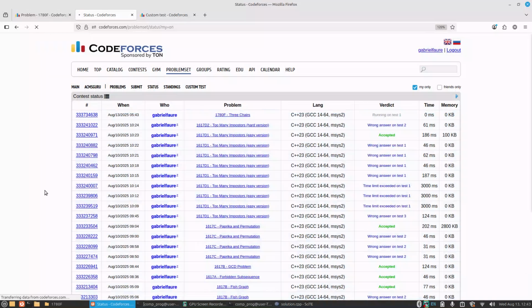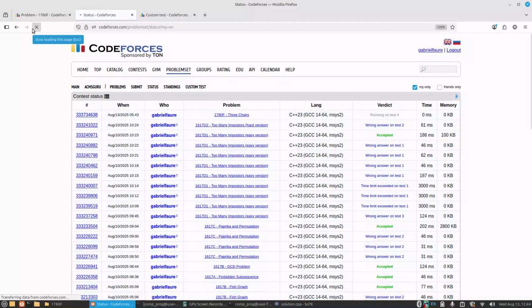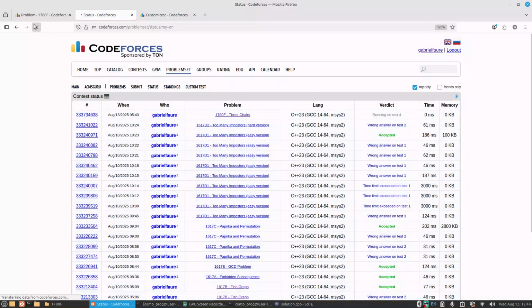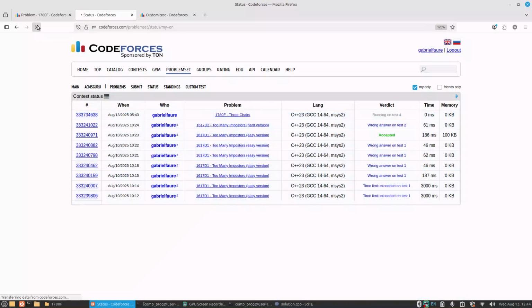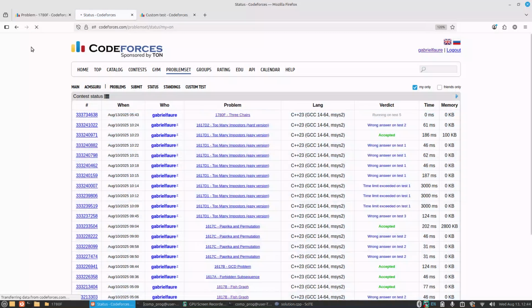Well, I mean, TLE on the first hidden test case. But I think with TLEs, it shouldn't be too bad optimizing it.